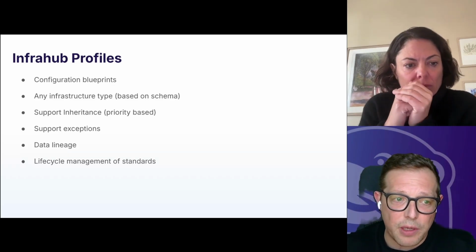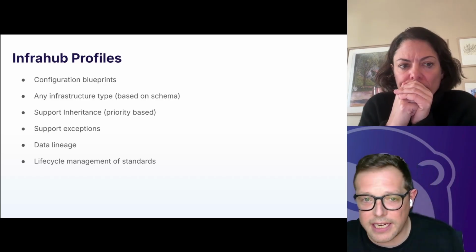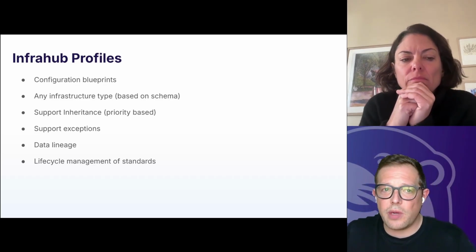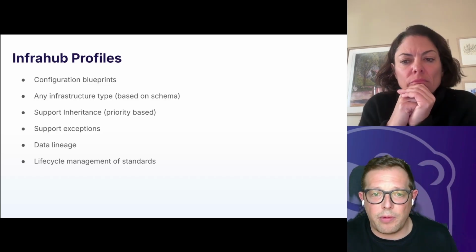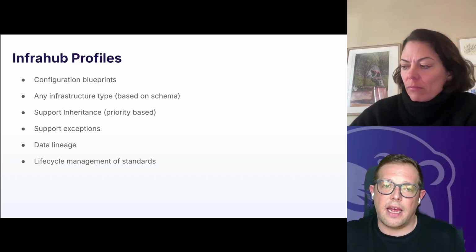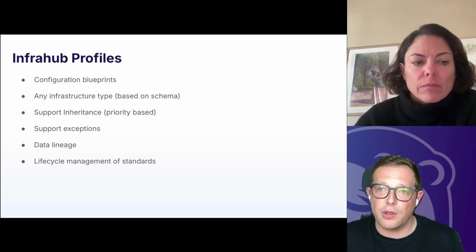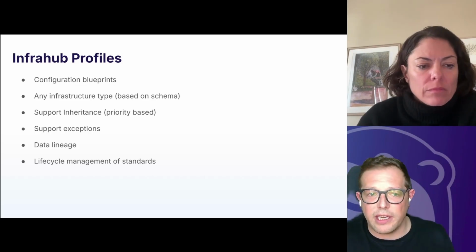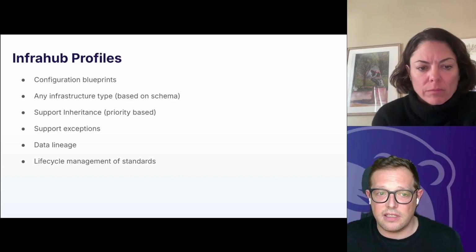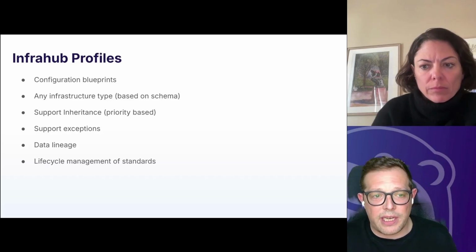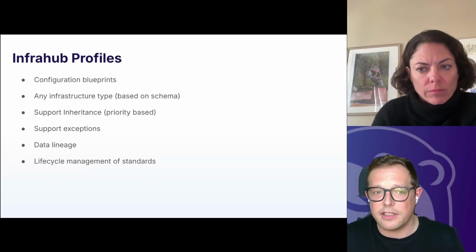Profiles in Infrahub support an inheritance model that is priority based. The reason we have built this inheritance model is because when we think about configuration standards, the way that we model configuration standards is typically quite complex and influenced by specific business decisions. This means that we need to have a high amount of flexibility in how we can define those standards.